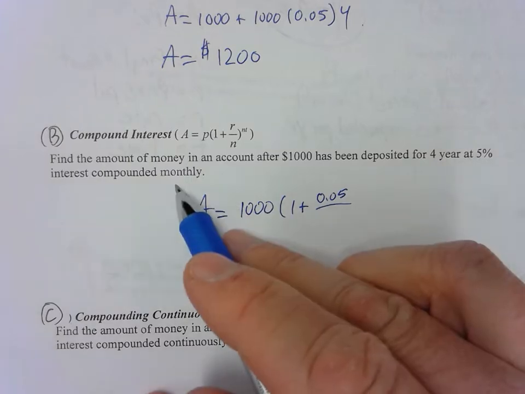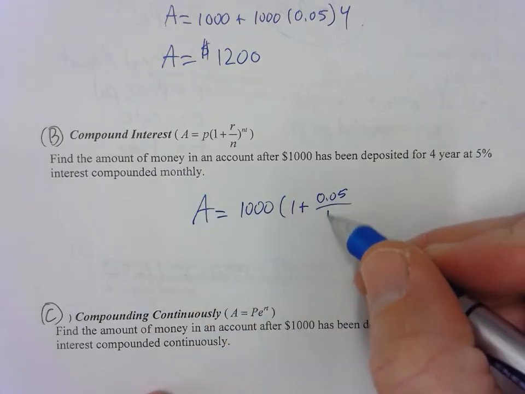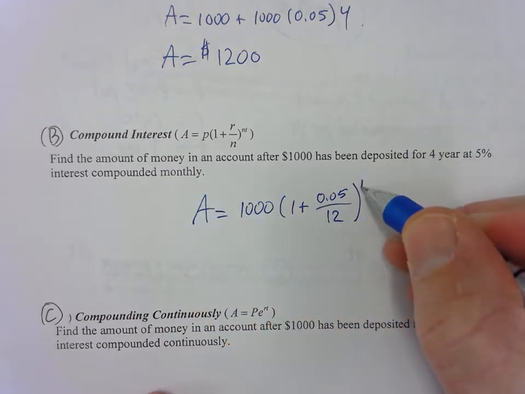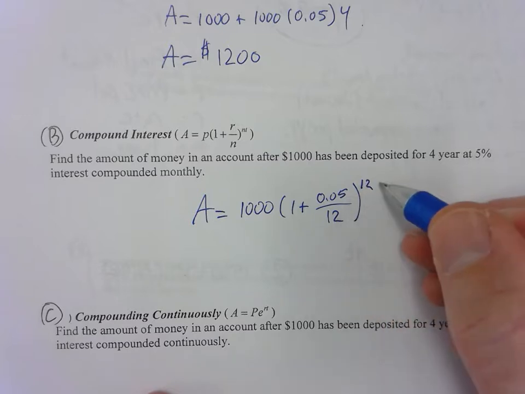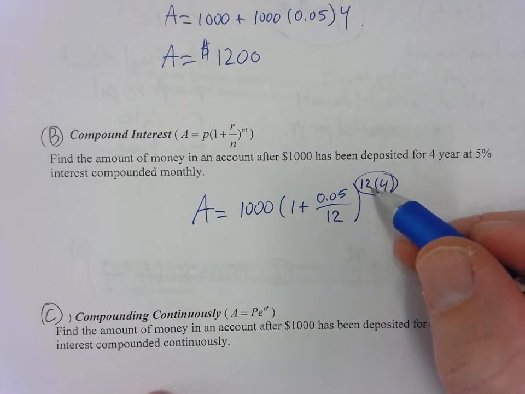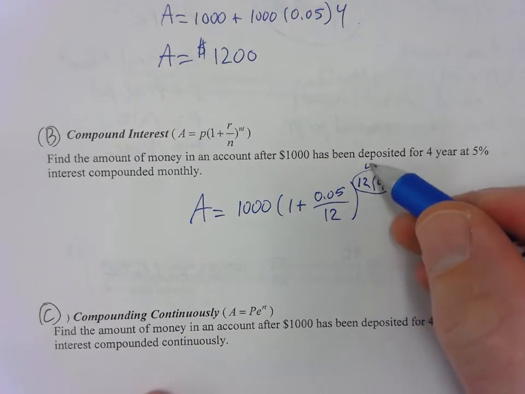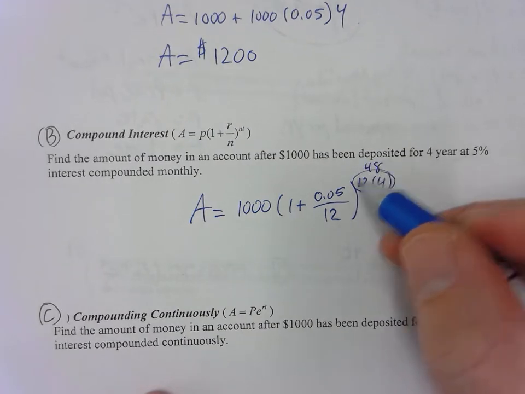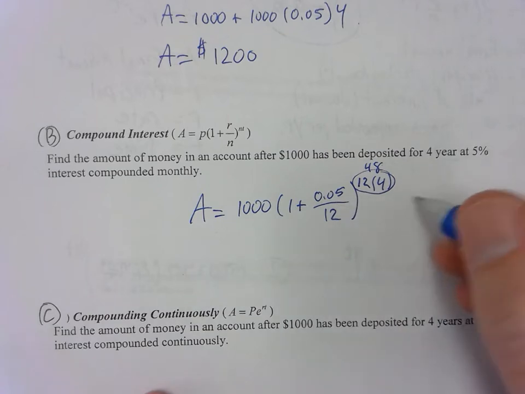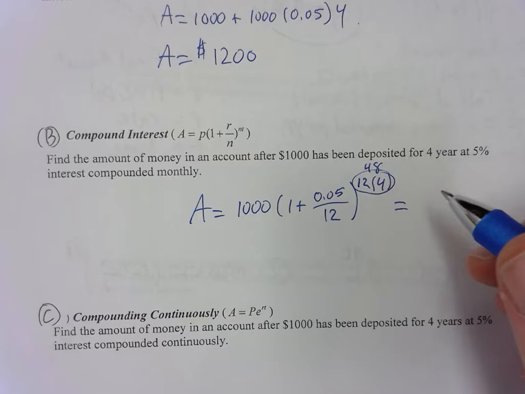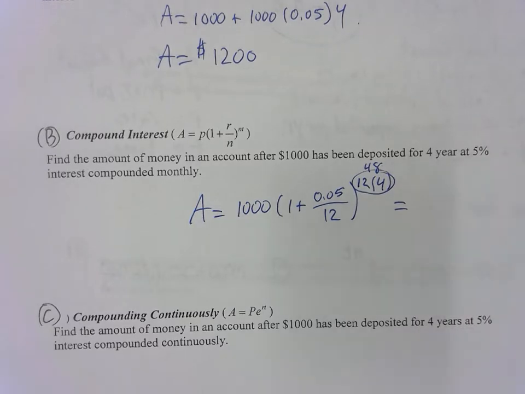Monthly means you're figuring out the interest 12 times a year, so n is 12, and the exponent is n times t, for 4 years. When you type this into the calculator, I would just switch that up to 48 right away, so you're figuring out the change 48 times. You should get a little bit more because you're getting interest.